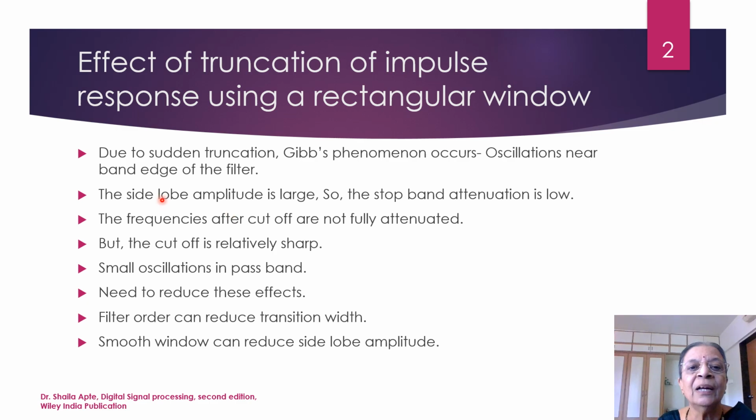Also, side lobes are there, and the amplitude of the side lobes is large. And so the stopband attenuation is not as expected, it is low. So the frequencies after the cutoff frequency are not fully attenuated as expected.